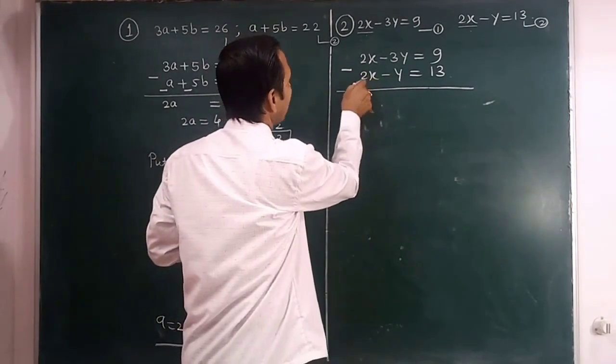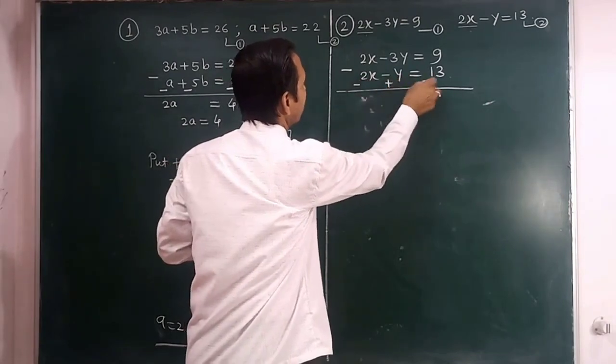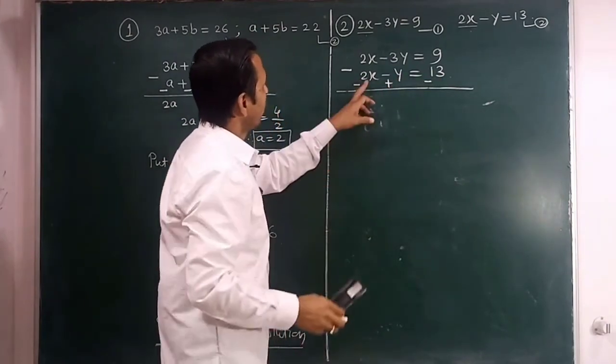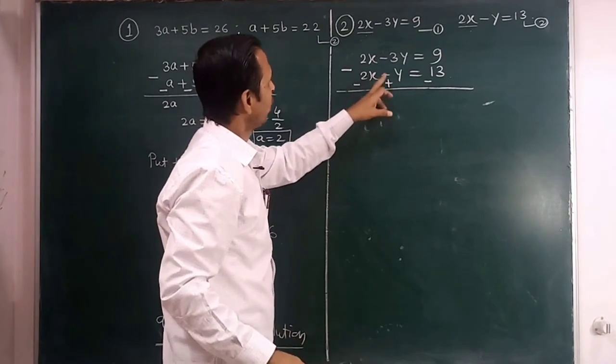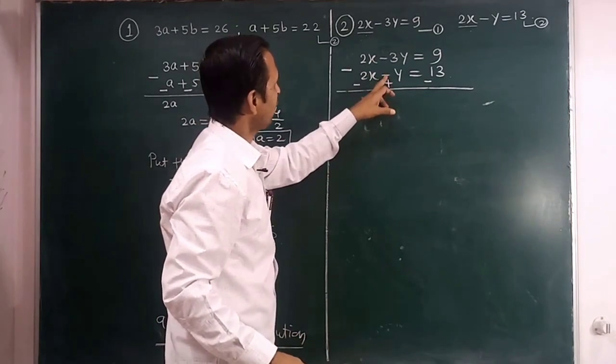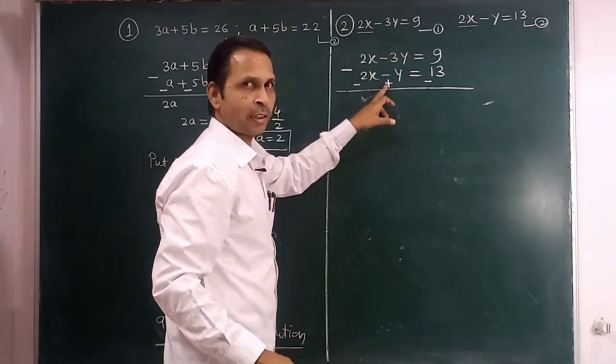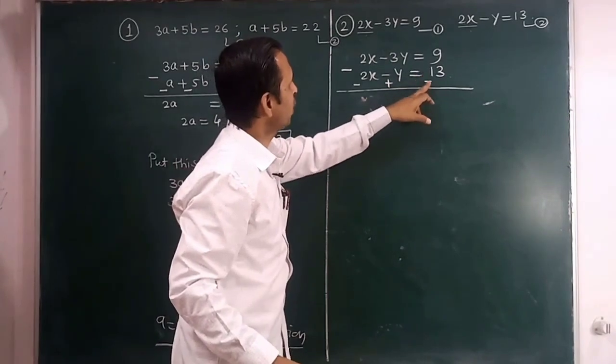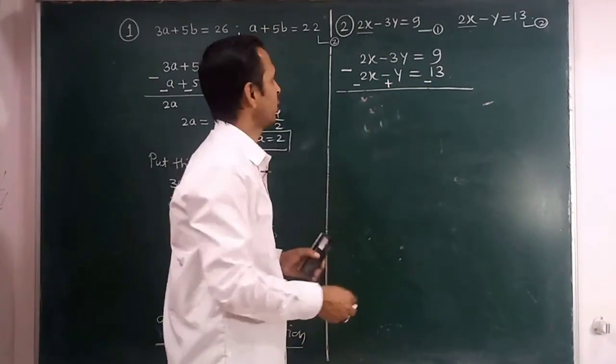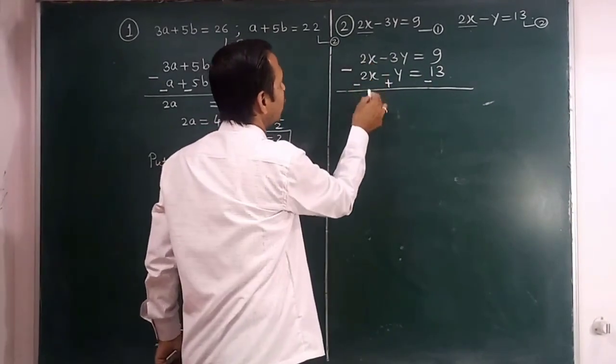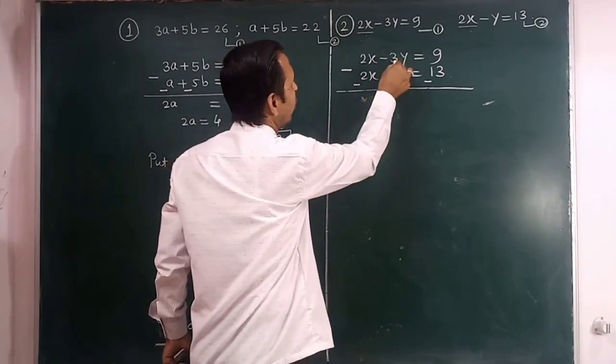Now change the sign of the second equation. Here is minus 2x, here is plus, minus sign is there, means change the sign, that is plus. Here is plus, and that's why the sign is minus. 2x minus 2x, that is 0.